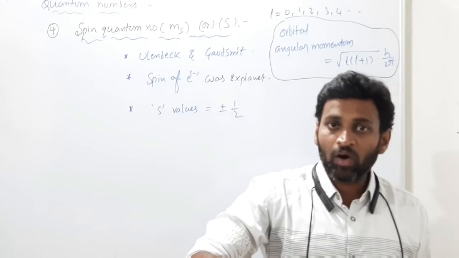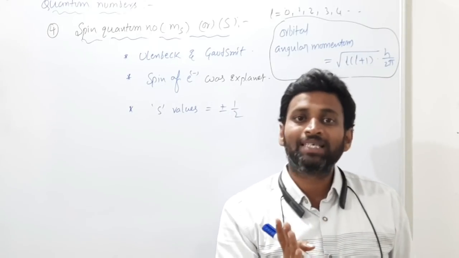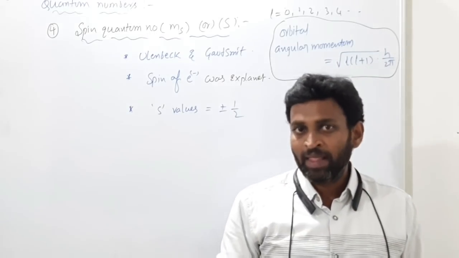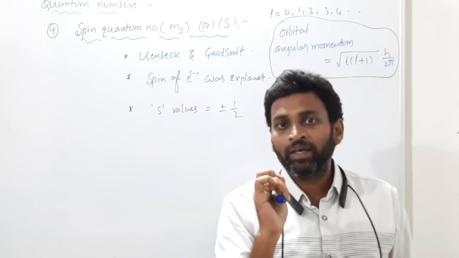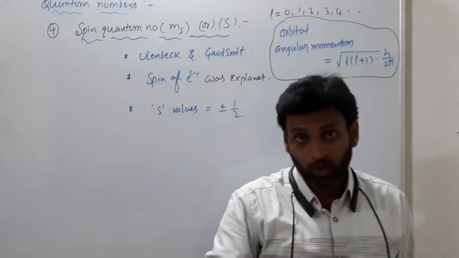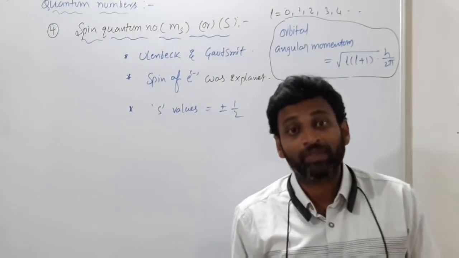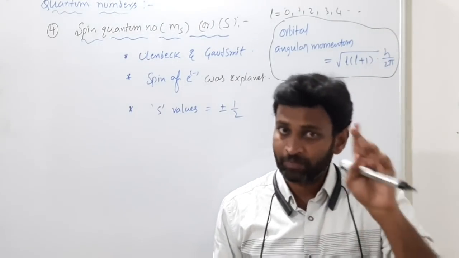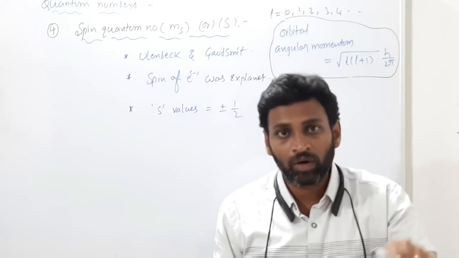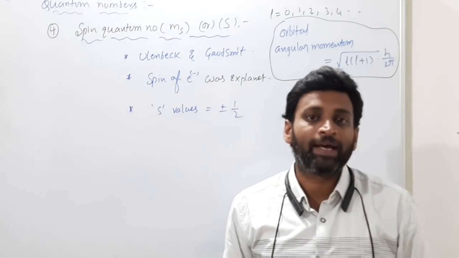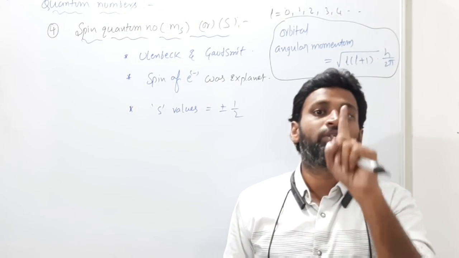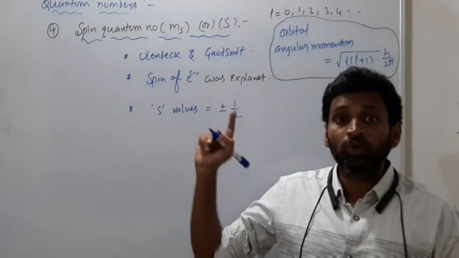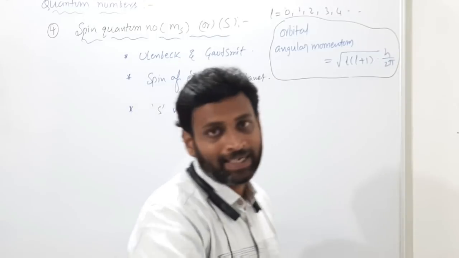They said that as the Earth revolves on its own axis, the electron also revolves on its own axis, in clockwise as well as anti-clockwise direction. I repeat, the electron is revolving around the nucleus, as I told you. Same way the Earth revolves around the sun, and at the same time the Earth revolves on its own axis. You know that. Like that, the electron also revolves on its own axis, they said.